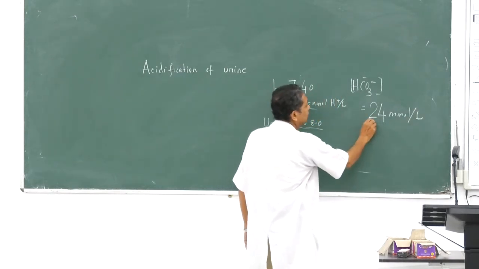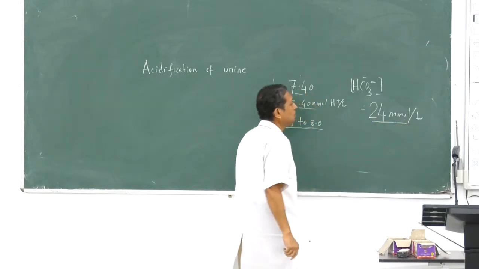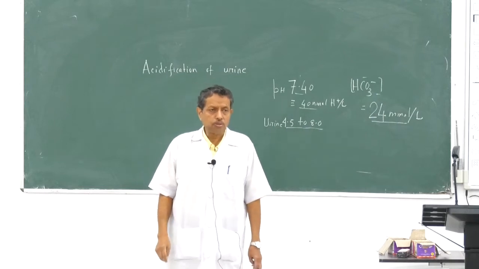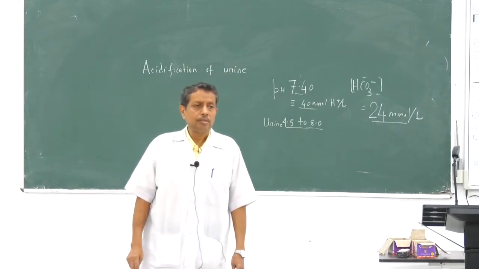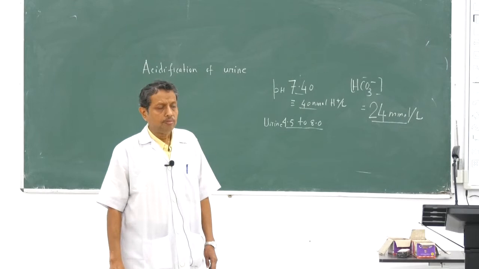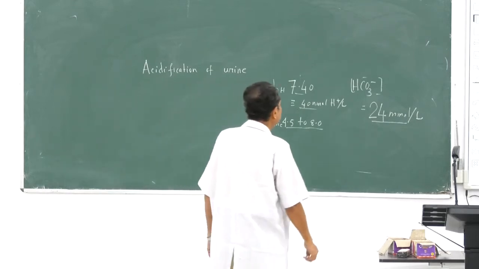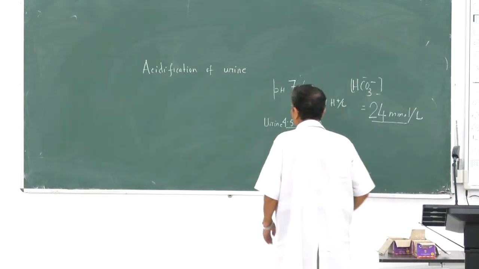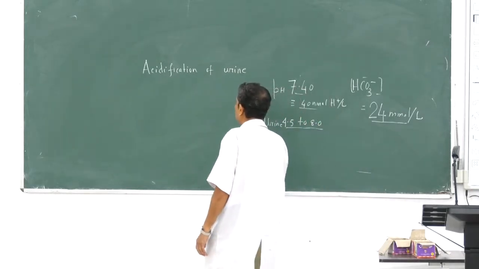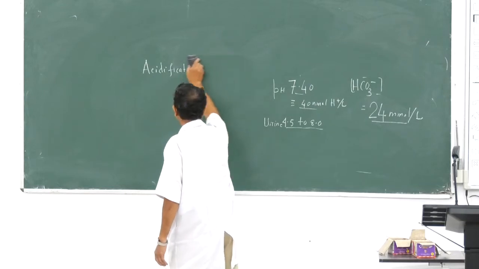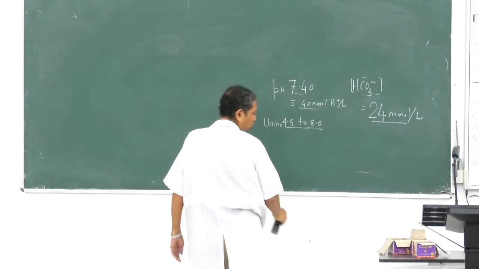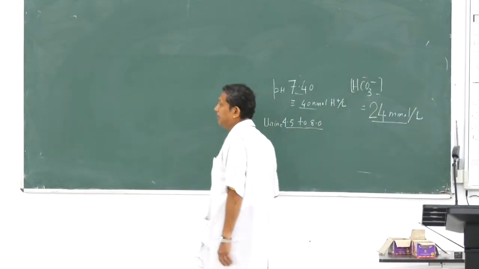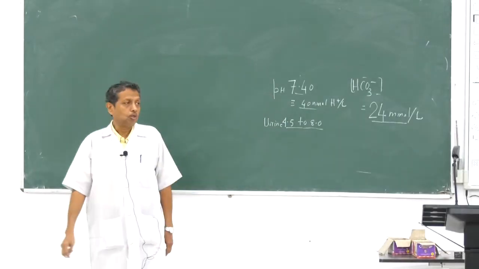And in the proximal convoluted tubule, we have to consider its reabsorption along with hydrogen ion elimination, and this must be conserved. In the proximal tubule, we are discussing the acidification of urine. In the proximal tubule, bicarbonate is freely filtered and it is then reabsorbed.